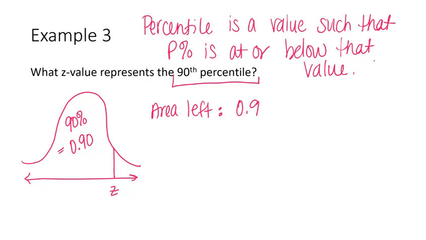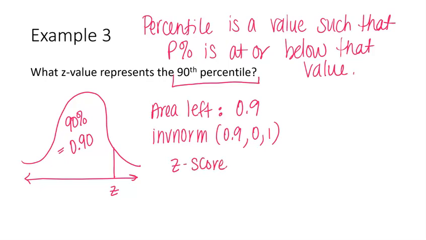So I can go into my inverse norm. I don't have to do any extra work. 0.9 is my area, 0 and 1. And this is going to spit me out a z-score that has an area left of 0.9.